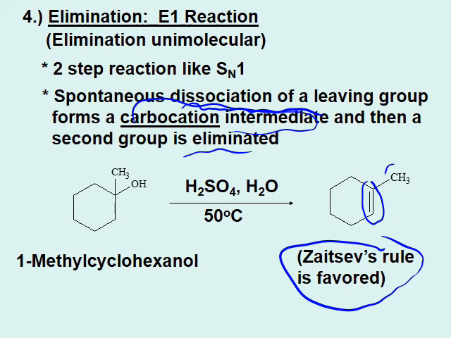In this particular case, you have the methyl group on this side, and also the carbon of the ring is considered a substituent group. On the other side of the double bond, you also have two things. One is hydrogen, the other is part of the ring here, and that also could be considered a substituent group. So basically you have three substituent groups in this case.